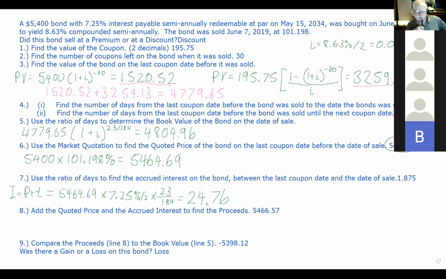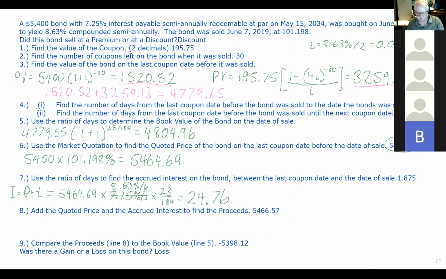Use 8.63. Oh, they use the ratio of days. So what you're saying is here, they're not using 7.25. They're using 8.63% divided by 2.